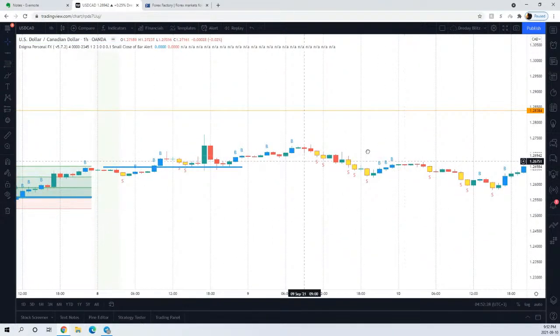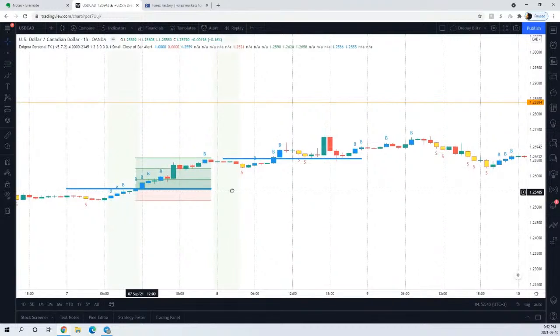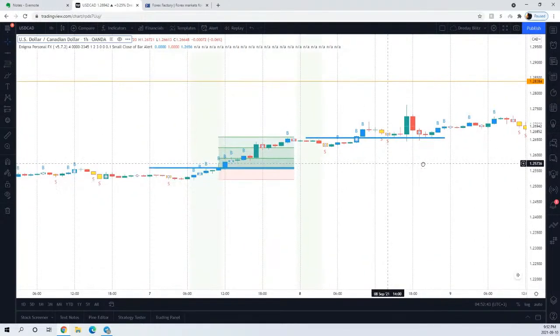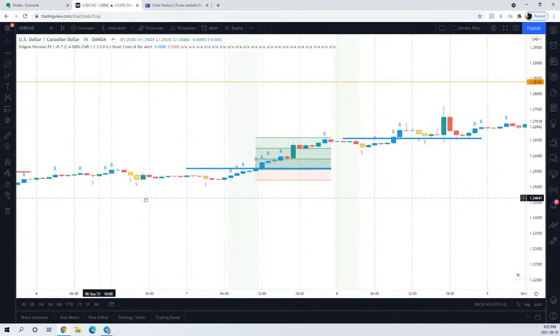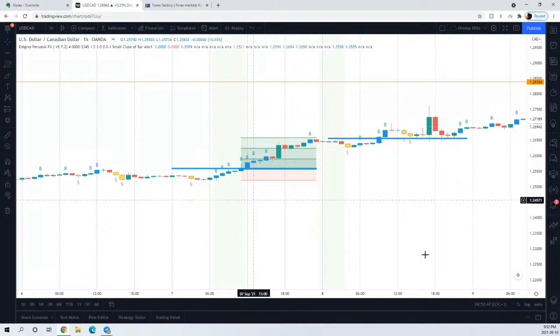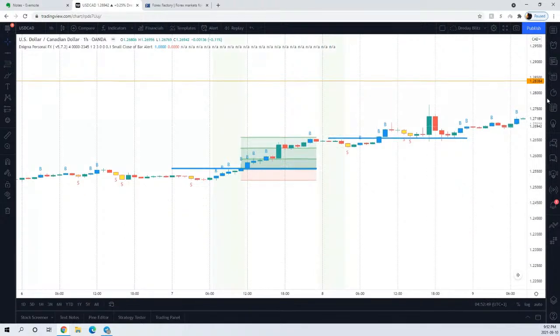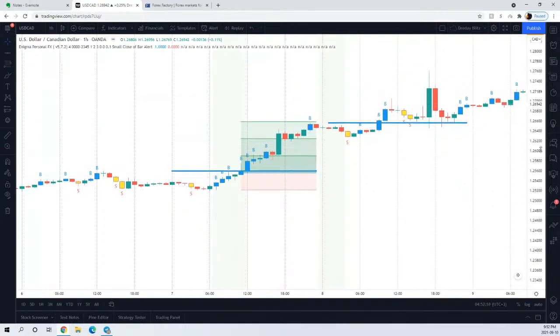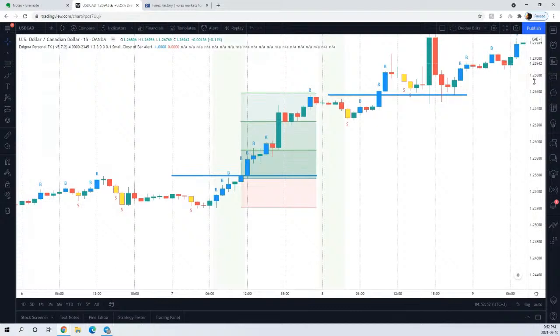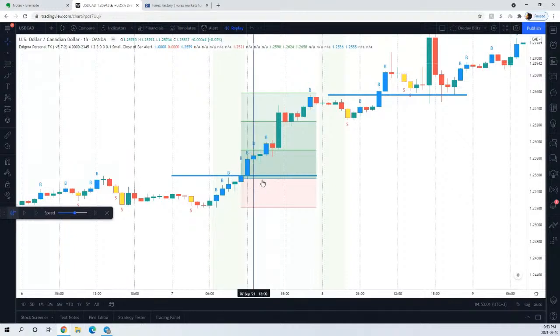I know that we had a few entries here on USD CAD, and that one was a good one. Let's review this one. And that was on Tuesday.